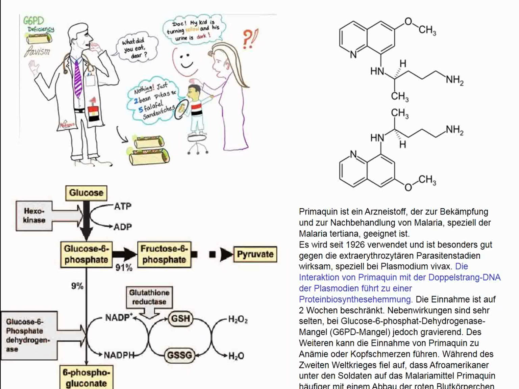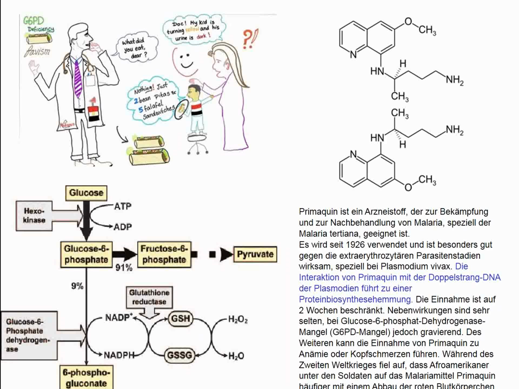And it's also active against these hepatic forms, so that it can lead to what we call a radical cure, where the malaria is not only cured in the circulating blood, but is also cured in this hepatic phase so that relapse doesn't occur. Now, primaquine is rather tedious because you have to take it every day for 2 weeks to enjoy a radical cure. So the people that you treat have to be compliant and actually take the stuff.